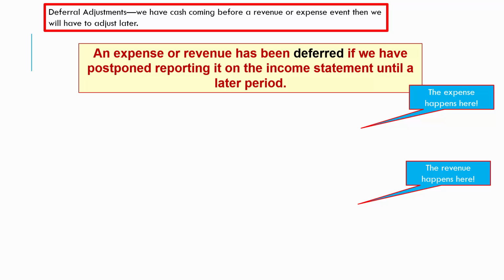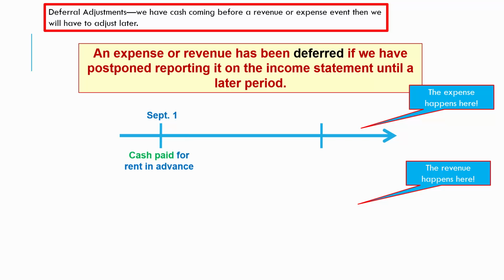So it's the terminology, you can keep it straight in your head if you think about it. What we are talking about here is when expense or revenue is recorded. If you wait, it's deferred, okay? And if you wait on revenue or expense, then what you're going to do today is record the cash.